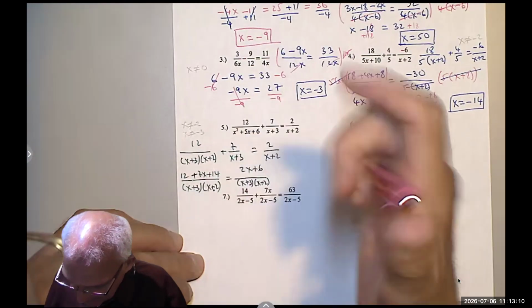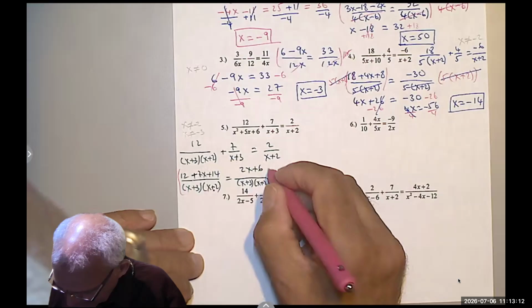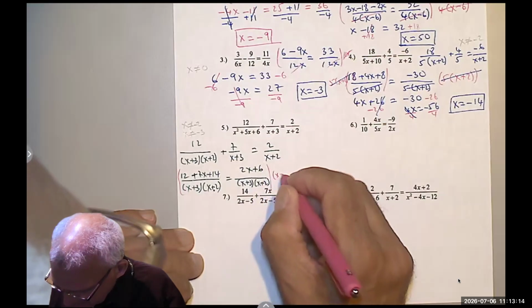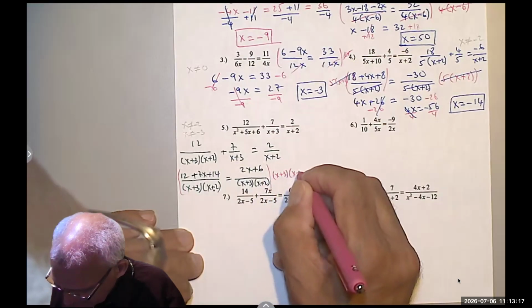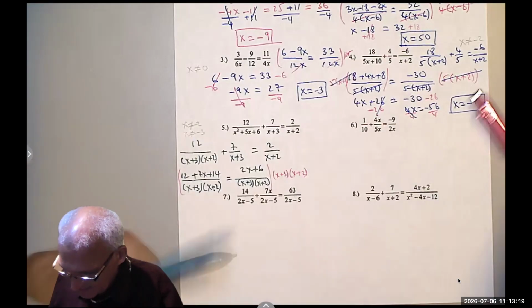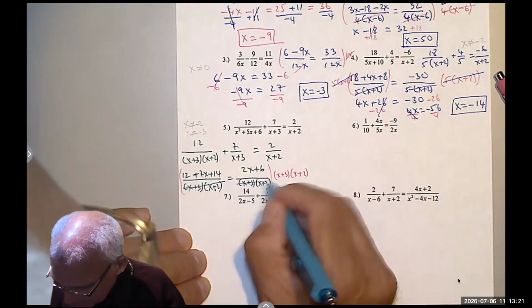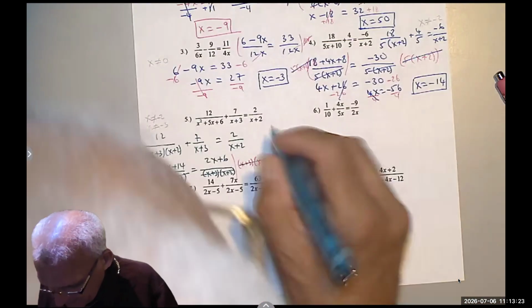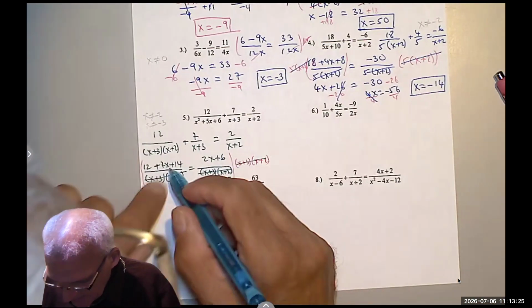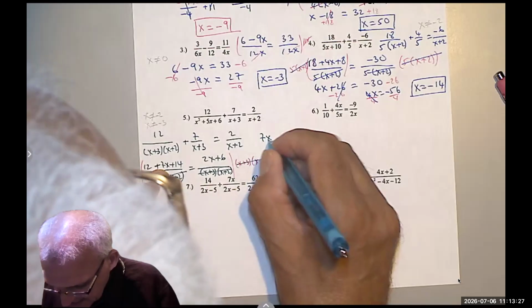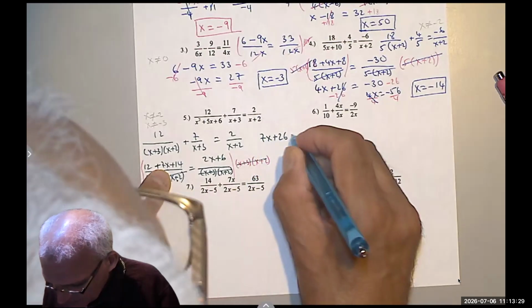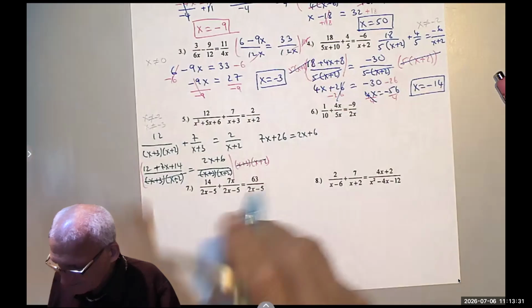Again, I'm going to multiply both sides by x plus 3 times x plus 2, and that's why we said x cannot be either. Which simplifies to 7x plus 26 equals 2x plus 6.